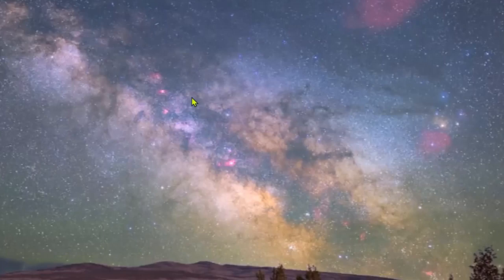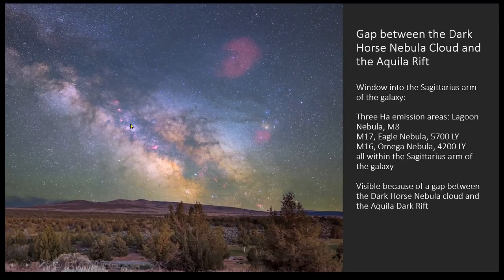Here's the Lagoon Nebula, M8, and M16 and M17. They are in the Sagittarius arm. And if it wasn't for that window, we wouldn't have as good a view of those nebulae as we do. And the deep sky imagers wouldn't have as much fun because that hole allows them and us to see a nice clear view of the Sagittarius arm, at least that part of it.